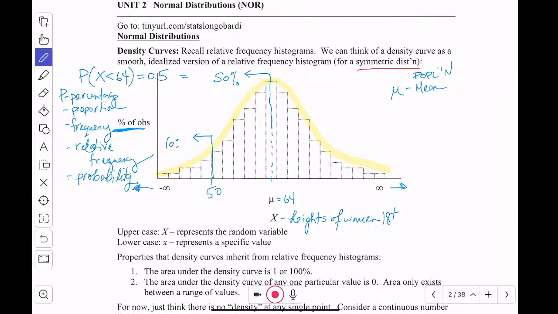I'll just call it 10%. So you would write the P, that the area under the curve is less than 50, is equal to 0.1 or 10%.